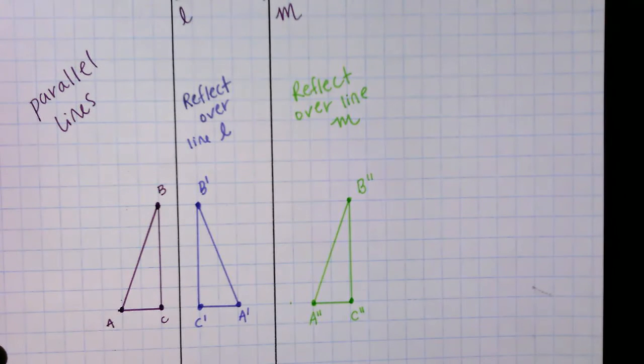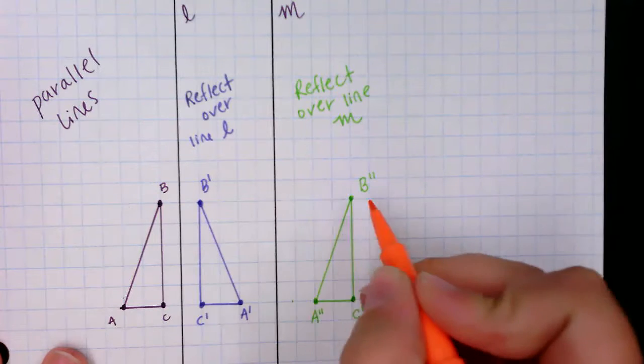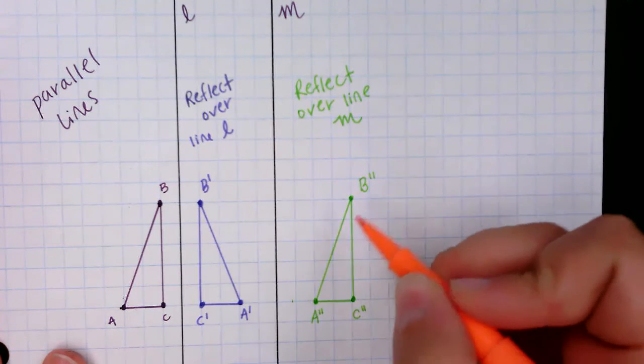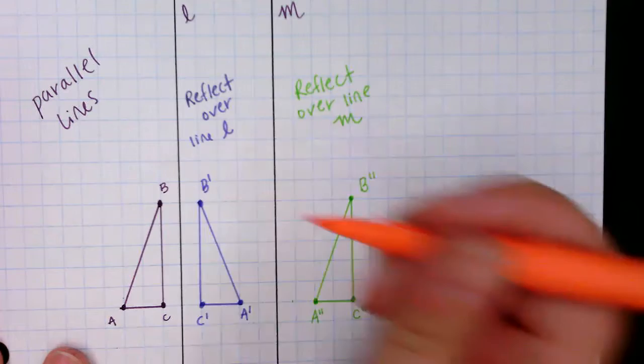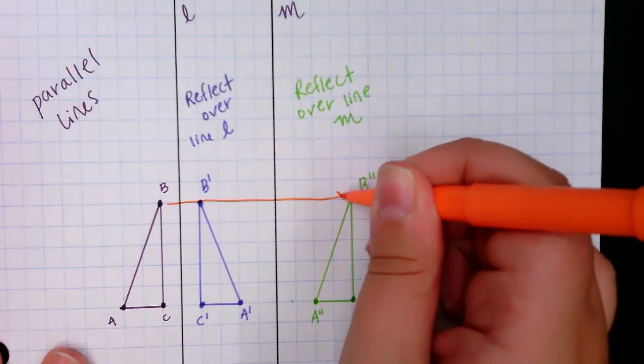really the same as doing just one single transformation. This is the same as just doing a translation over. I could go from ABC over to A double prime, B double prime, C double prime by just translating, which we know is like a shift, right?